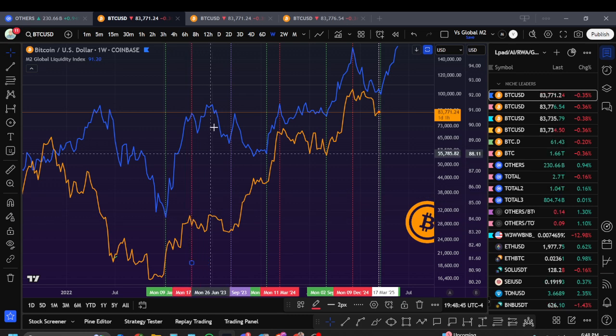But it's close. The second top, maybe that's the one that you wait for. I don't know. This period of time here is a little bit funny on the 10-week period, because this is the opposite, right?